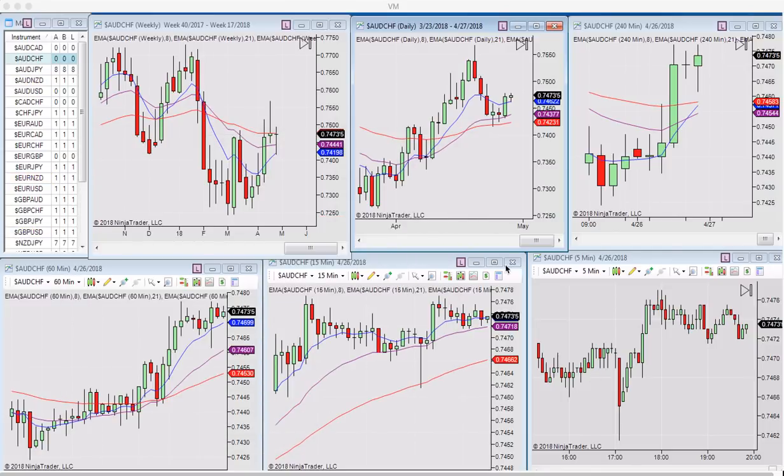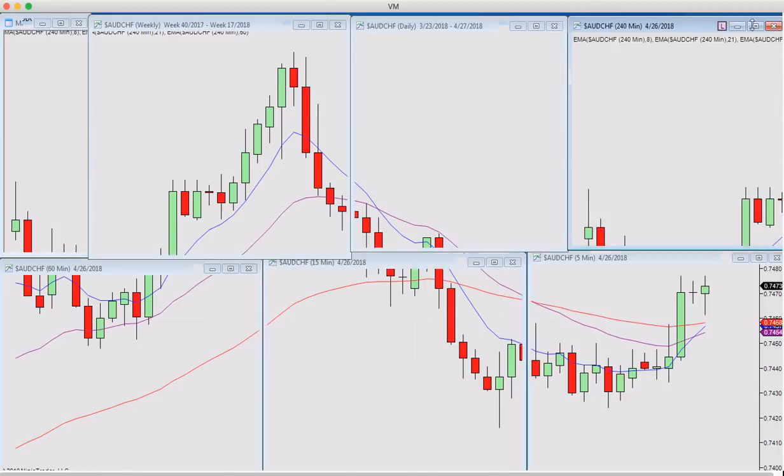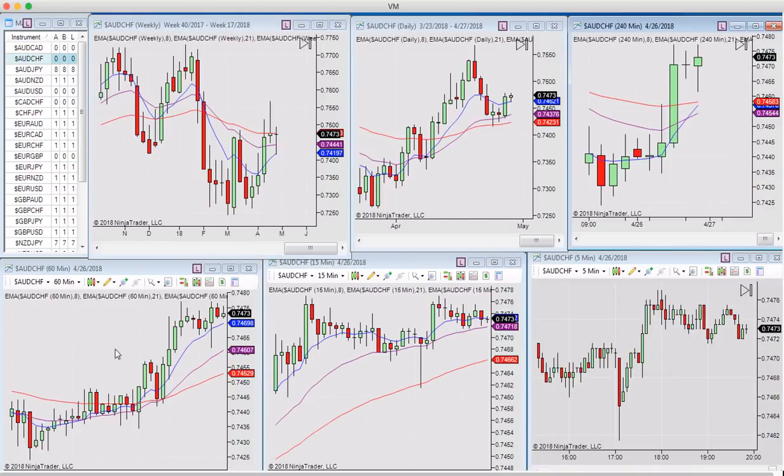Now, what are we looking for now? We are looking for a 240-minute chart which is close to the 8 moving average. So here we are a little away from this blue line. So this is not a particularly ideal setup, but still within the bounds of acceptable.